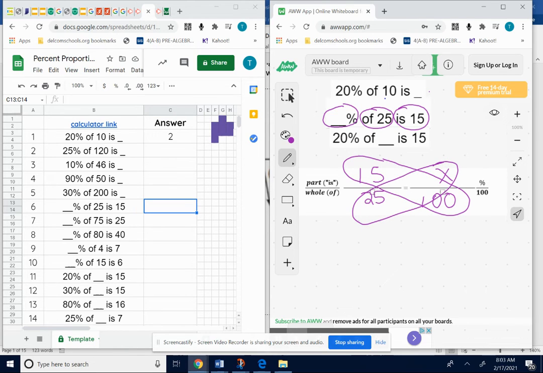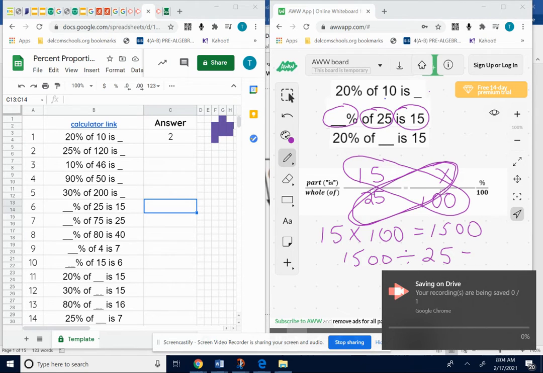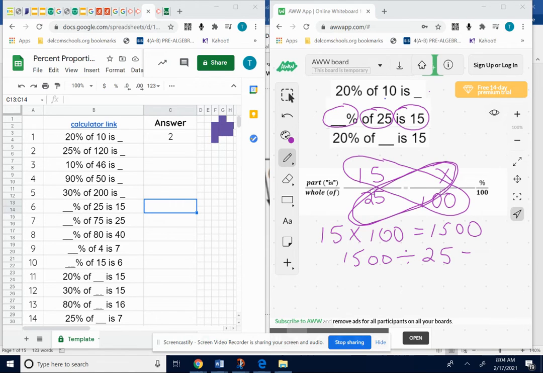We know that the cross products are equal to each other, so I'm going to take 15 times 100, the numbers that are in the wings that have both numbers within the wings. That's 1,500. Take that 1,500 divided by the lonesome 25 in this wing. 1,500 divided by 25 is 60. So it's 60%.